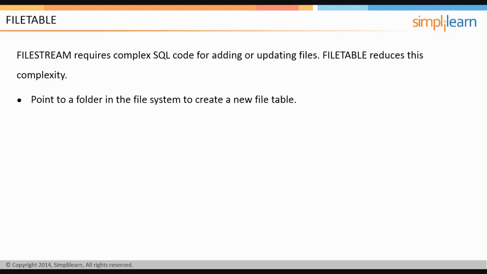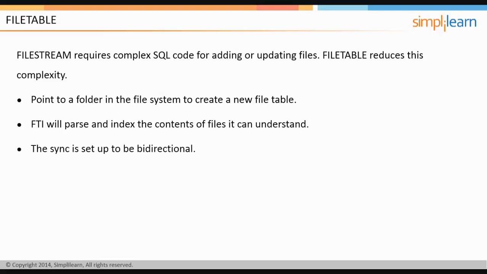SQL Server will read and pick up all files within it automatically. Full text indexing will also parse and index the contents of all the files it can understand. The sync is set up to be bidirectional. That is, you can add, update, or delete files either on the file system or in SQL Server, and it will sync to the other side automatically as well as update the FTI.